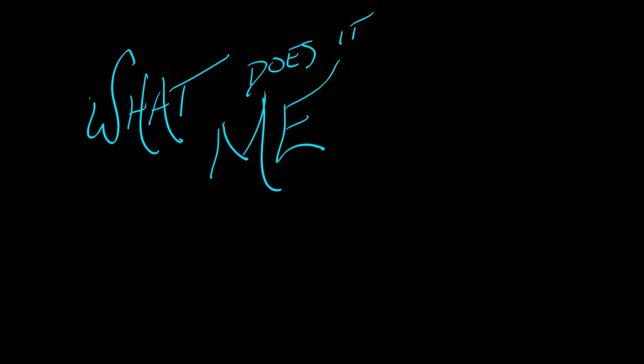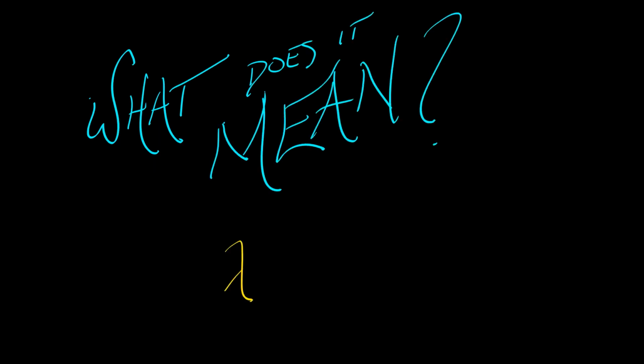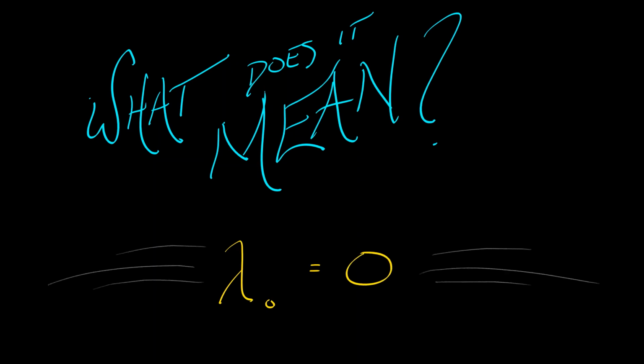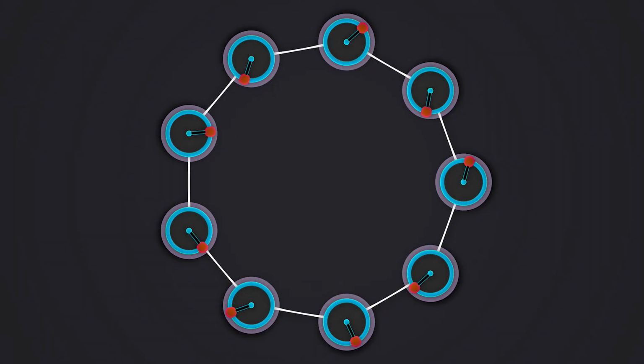The real question that I want to get at is, what does it mean that we have this 0 eigenvalue? What it means is that our system does not necessarily have to synchronize. There are long-term solutions to this system that do not involve a convergence to 0.